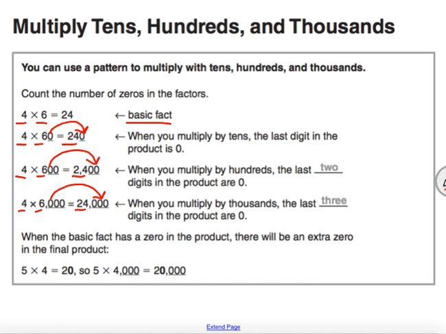That 20 already has a 0 in it, so we have to be very careful. 5 times 4 is 20. But then I noticed that the 4,000 has 3 zeros, so we have to bring another 3 zeros at the end of the product to make 20,000.